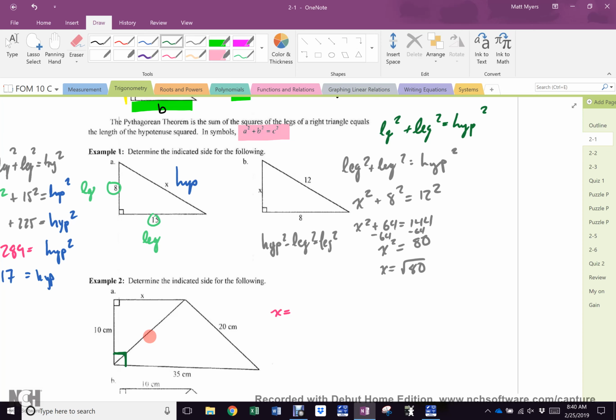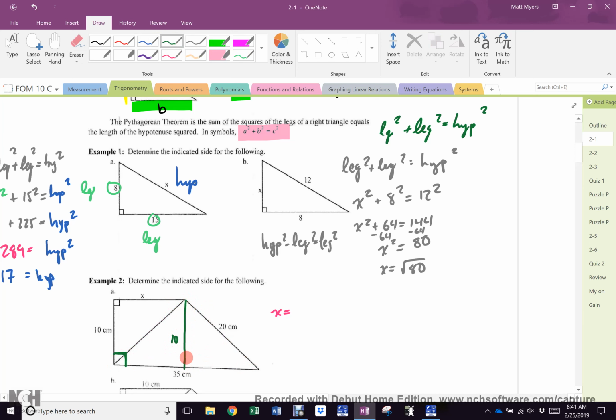Does it help you? It does something to the big pink triangle. If I tell you that this is 90 degrees, then how long is that green line? 10.